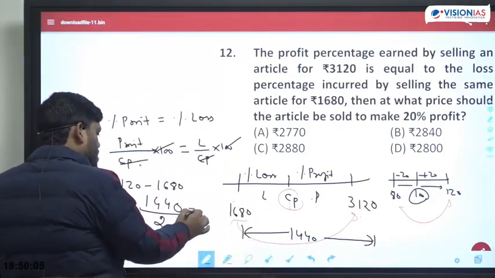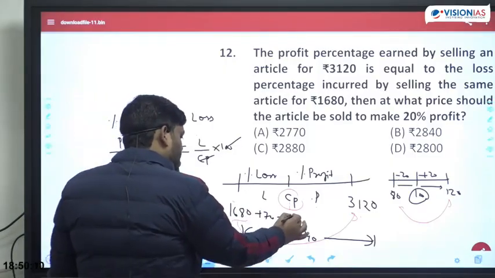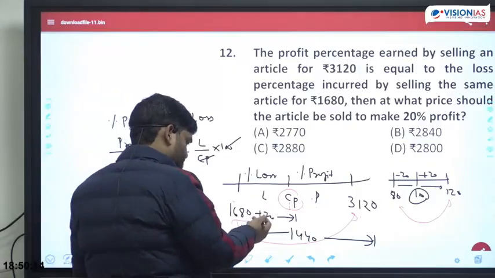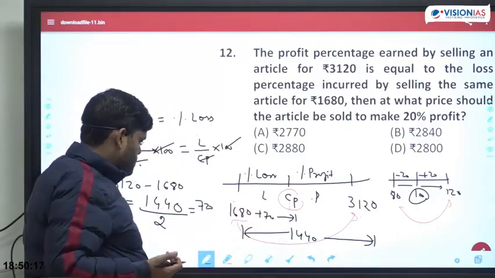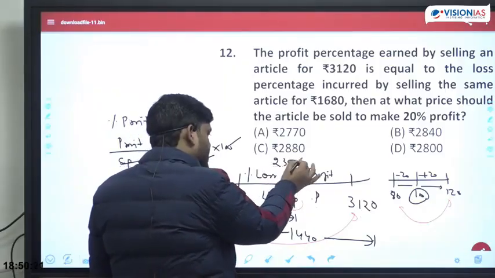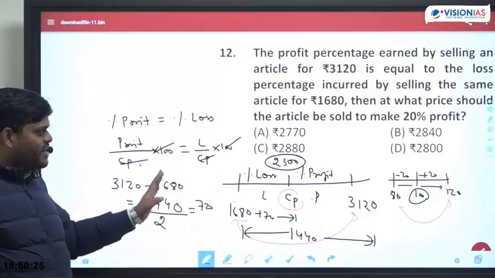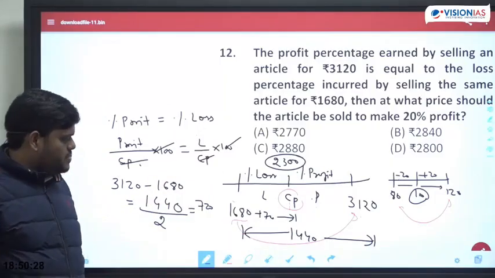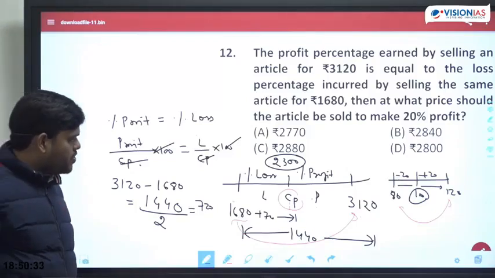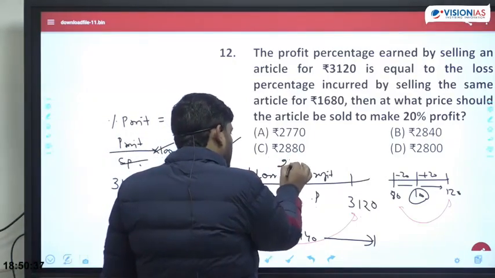Now divide this by 2. We will get 720. Add 720 to this, and I will get this value. So if I add 720, how much will I get? 2300. I hope to check the calculation part. No, 2400, sorry. 2400.